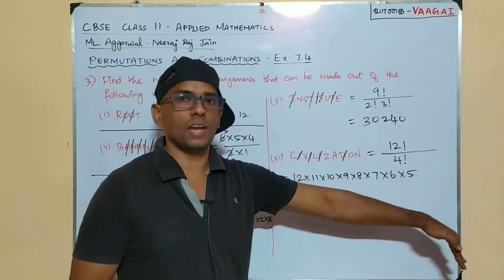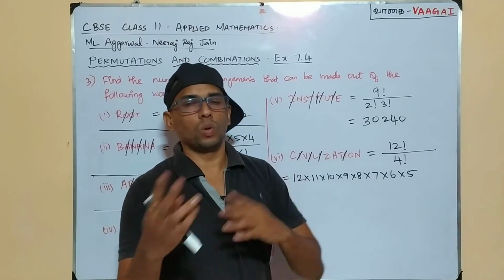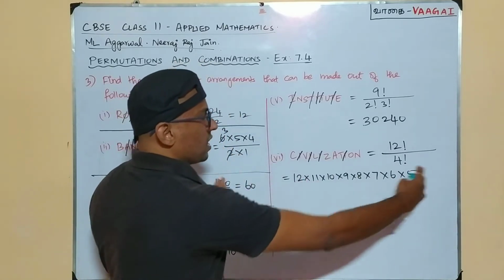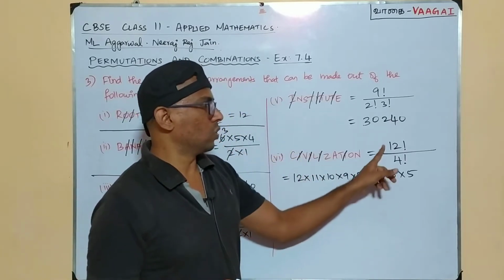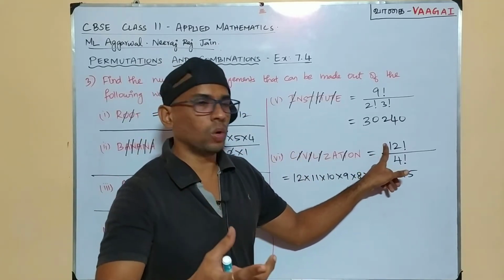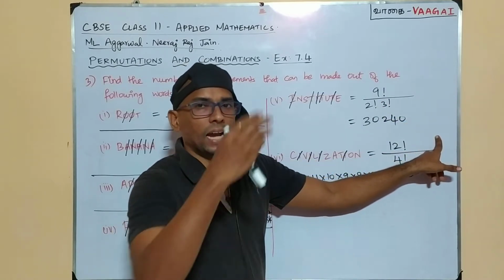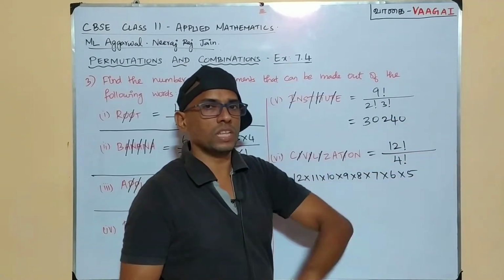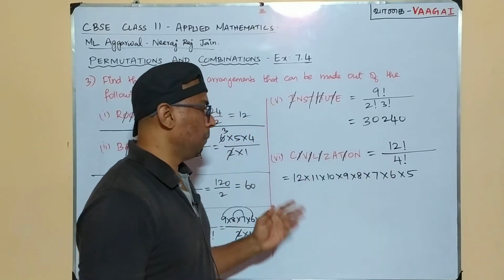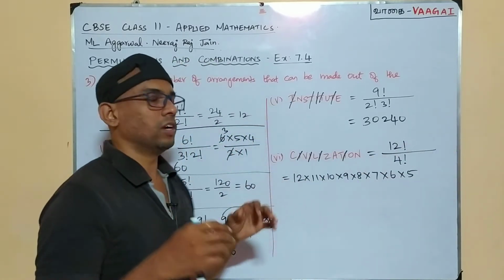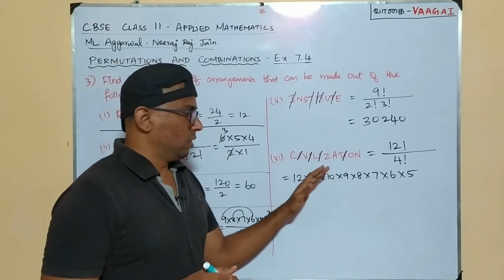And that will be divided by 4 factorial, leaving the expression simply with this alone. I hope you are able to understand that. We expand 12 factorial in terms of 4 factorial, and the 4 factorials in the numerator and the denominator cancel off, and you will be left with only this expression. So your answer will be this expression.